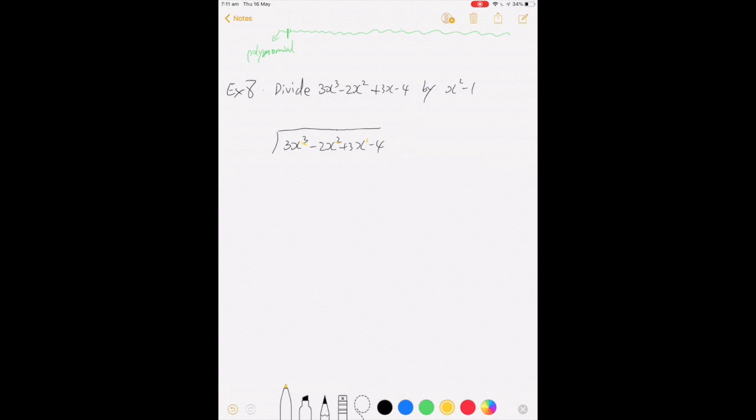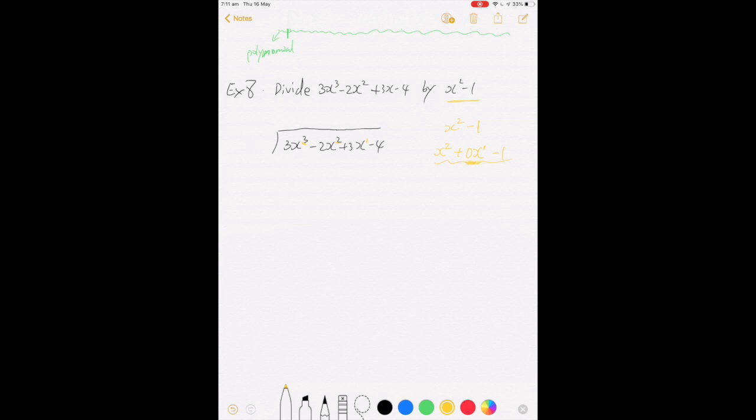Now our divisor is x squared minus 1, and you see here we are missing the power 1 x term. So now we need to add that missing one. Your divisor should be written as x squared plus 0x, that's my x to the power of 1 term, minus 1. Make sure you add that missing term.